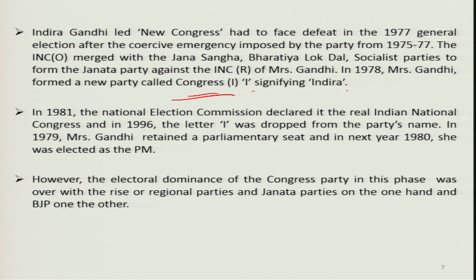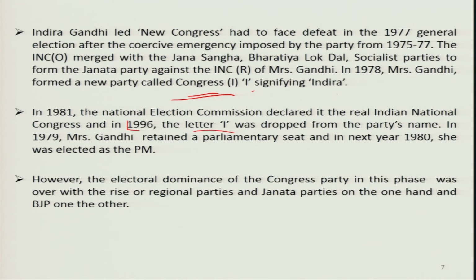So, it was a phase where the party revolved around the personality of Indira Gandhi, and there were many compromises in terms of its organizational strength and regional or state leadership. In 1981 the Election Commission declared this party, Congress I, as the Indian National Congress, and in 1996 the I was dropped from the party's name.